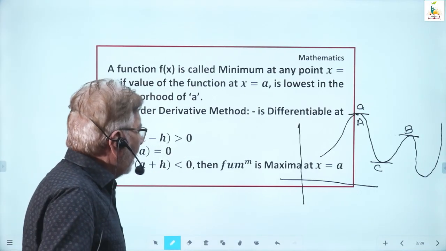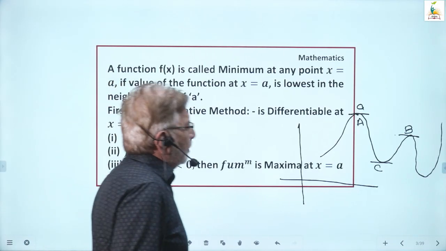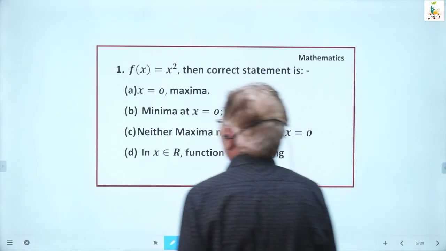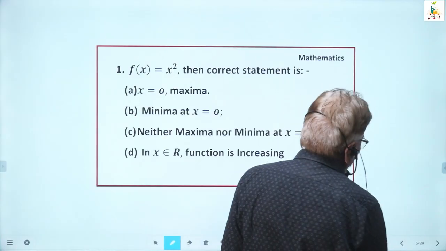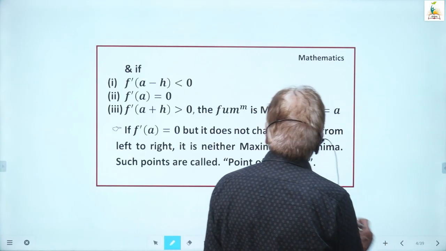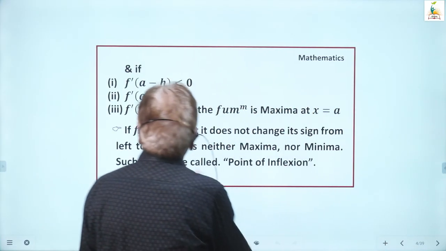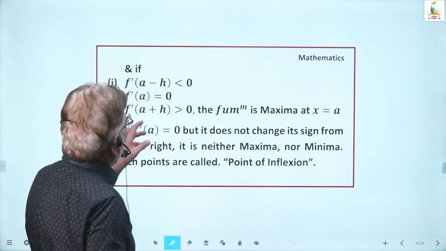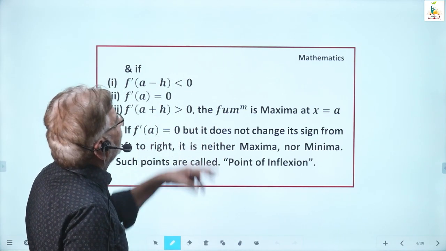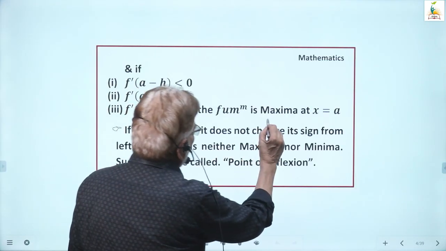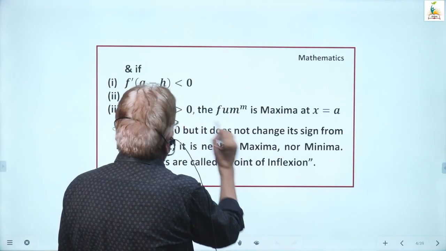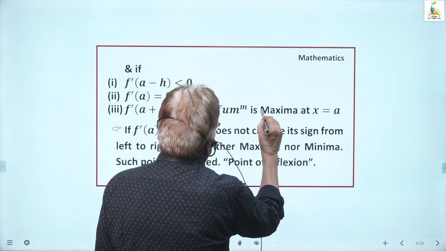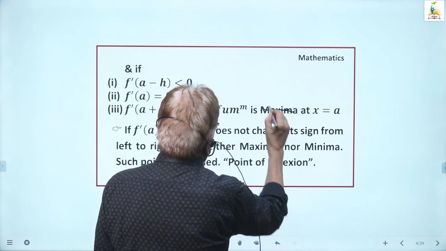So for minima, f dash (a minus h) is less than 0, f dash a equal to 0, f dash (a plus h) greater than 0, and the function is minimum at x equal to a.